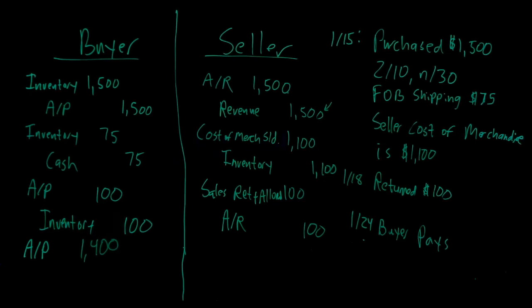So how much cash is the buyer actually going to give the seller? Well, it's going to be $1,400 minus 2%, or you can do $1,400 times 0.98. So the amount of cash actually going out the door is going to be $1,372.